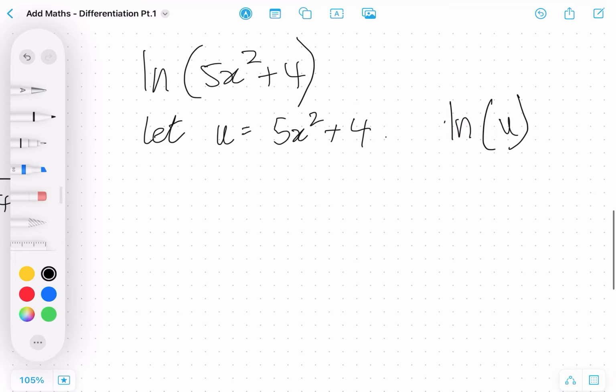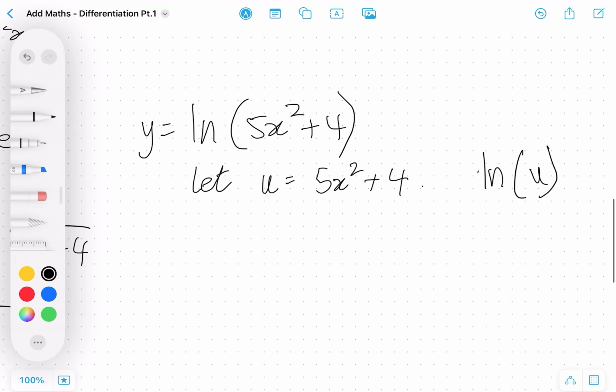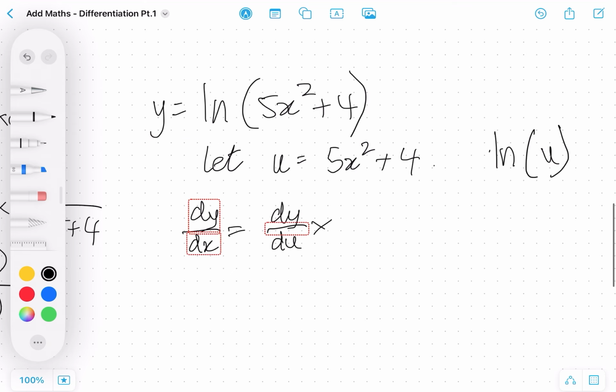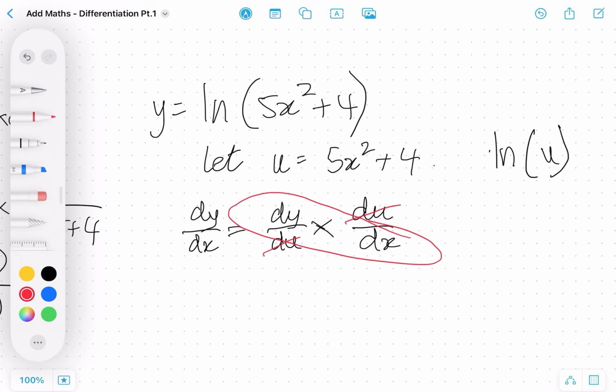And the chain rule states that dy by dx is equal to dy by du multiplied by du over dx. And the way you can think about this, because it's not entirely true mathematically, but it helps to remember it, is that the du's cancel out and we're left with dy by dx.